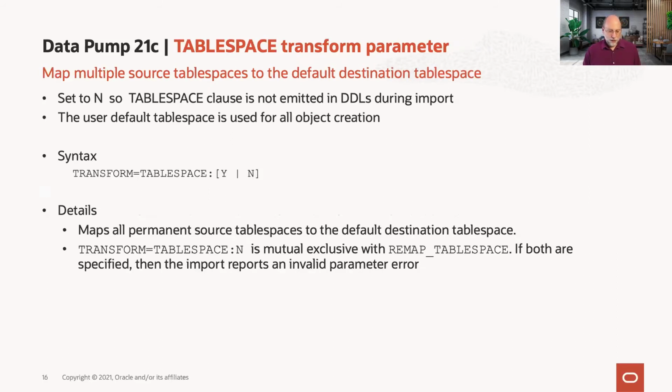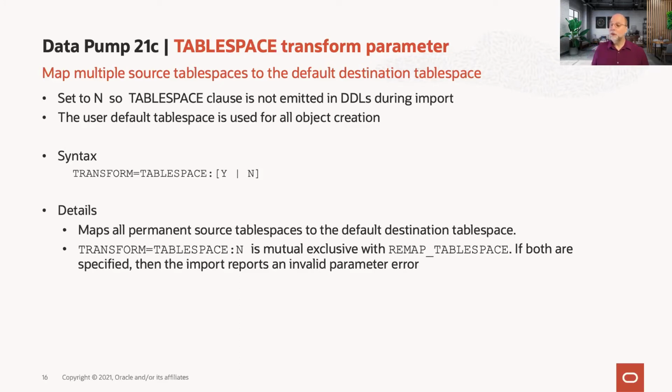So this tablespace transform parameter is actually similar to this. If you take remap tablespace and remap everything to data in ATP shared, well, data is your default tablespace in that case, and that's kind of the shorthand here. This is a new transform parameter in 21, where you would transform all your tablespaces to whatever the default is in the new database.